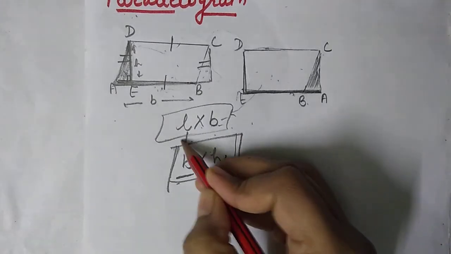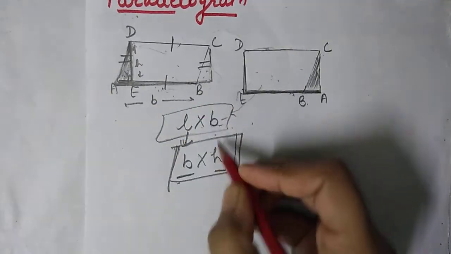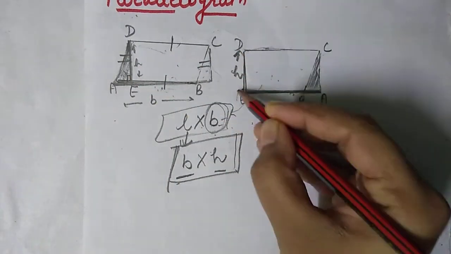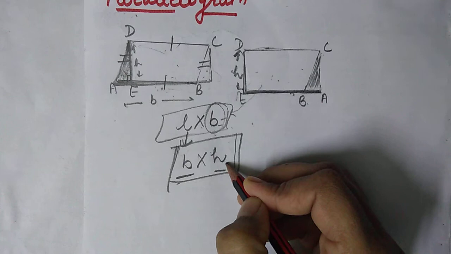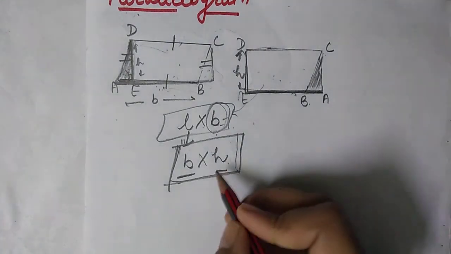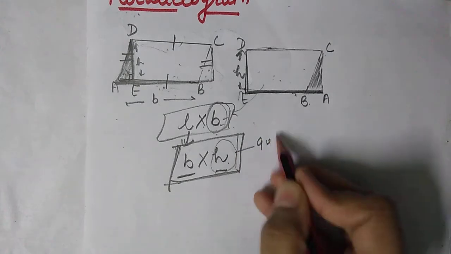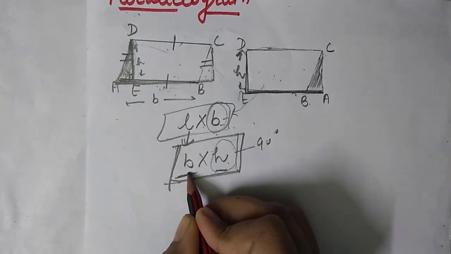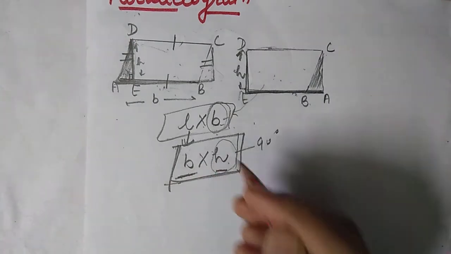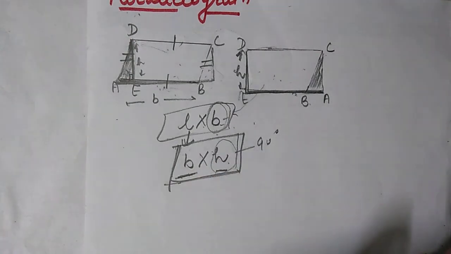In place of L, I can write base, and in place of breadth, I can write H. So the area of a parallelogram is base into height. Remember, height always makes 90 degree, and base is the side where the perpendicular is dropped from the opposite vertex.